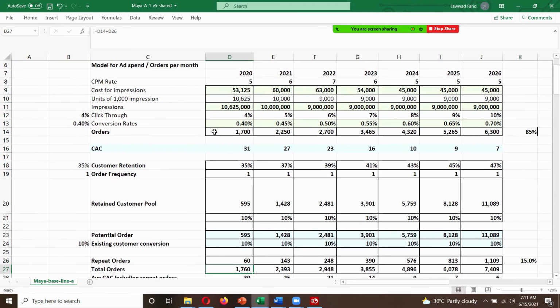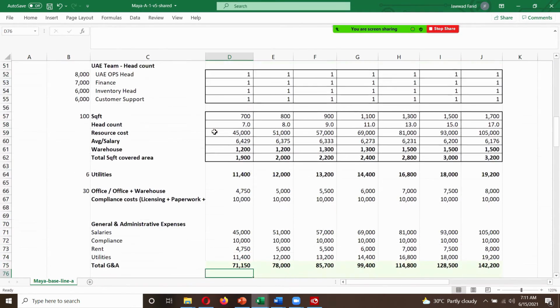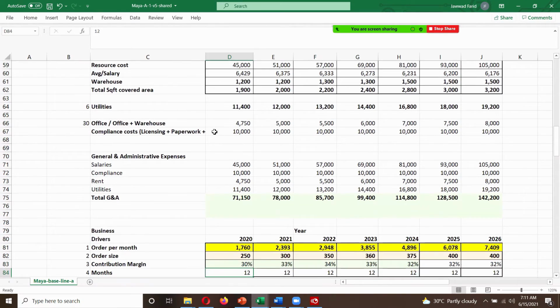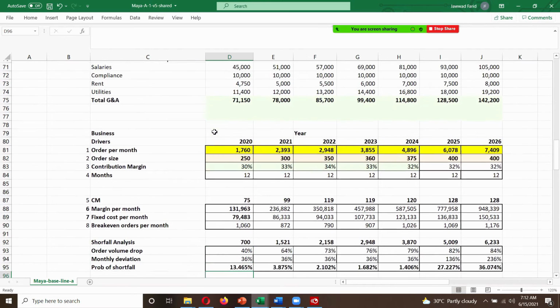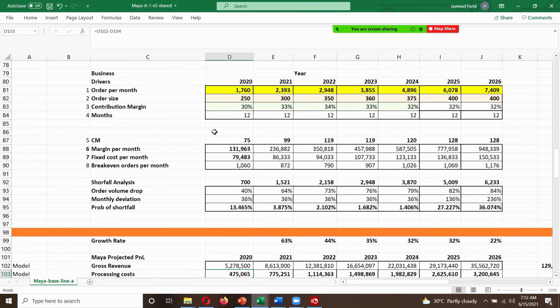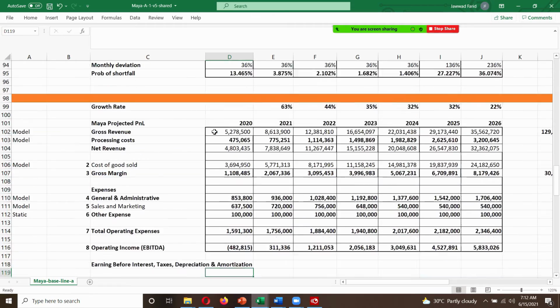So all of this work that you've done on the side, how real is this? How close to facts is this? Is this coming from actual data and realistic assumptions, or is it coming from numbers that we just picked up from the air? So that's one part of the exercise, right?